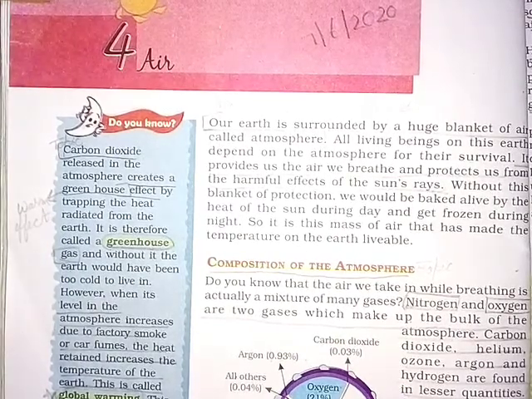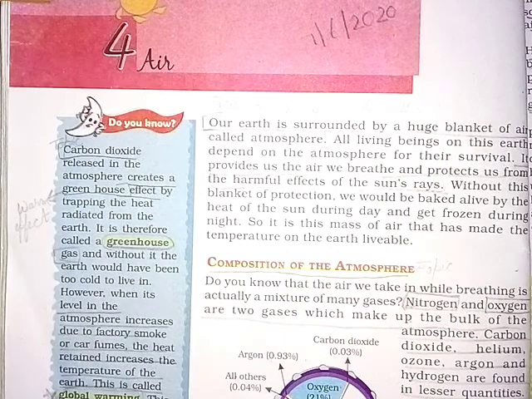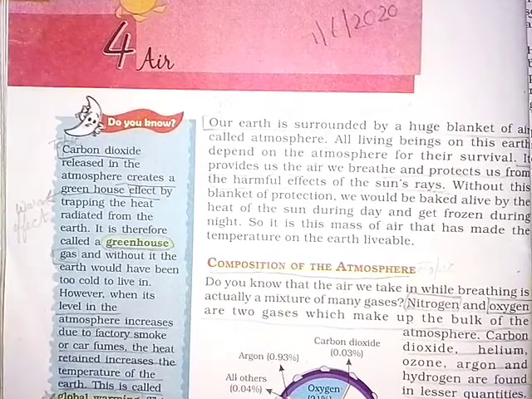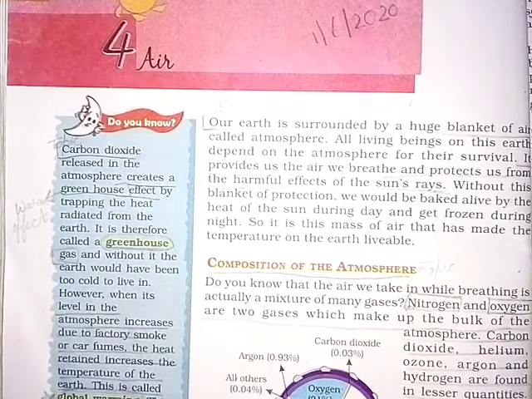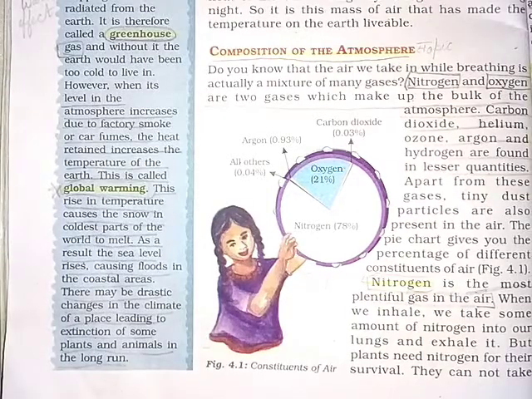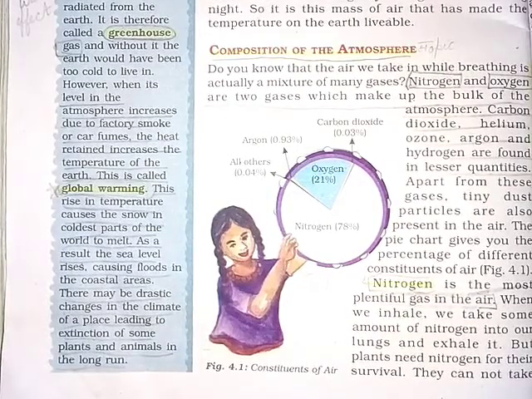Composition of atmosphere. Do you know that the air which we take in while breathing is actually a mixture of many gases? Nitrogen and oxygen are two gases which make up the bulk of the atmosphere.